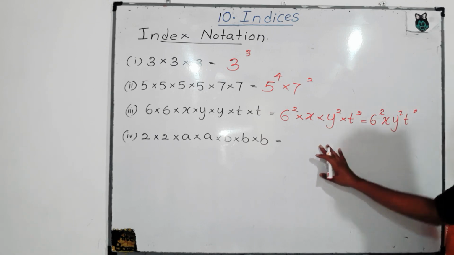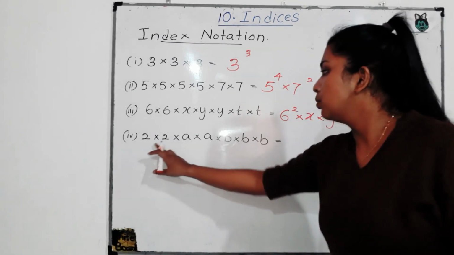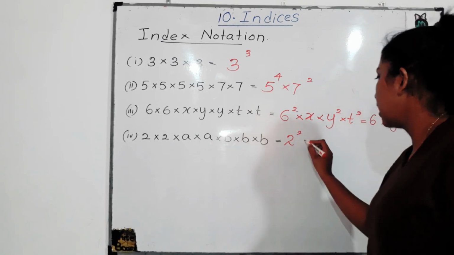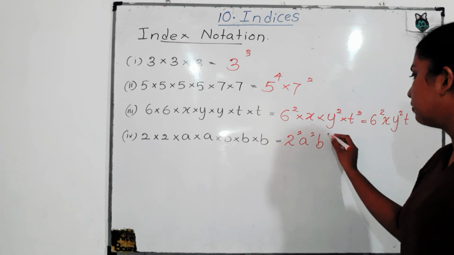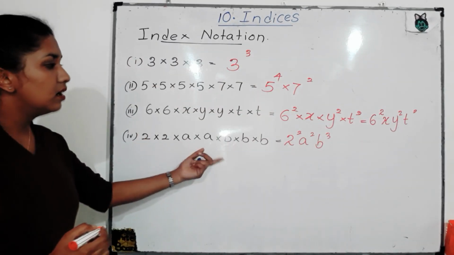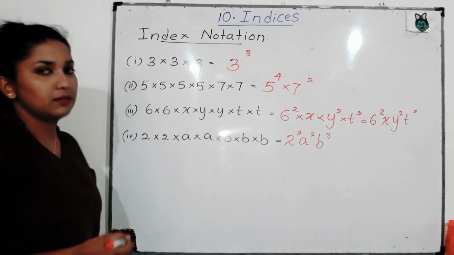In this case, now I am going to write this one in this form: 2 to the power 2, 8 to the power 2, b to the power 3. Right? We can write this expanded form in the index notation.